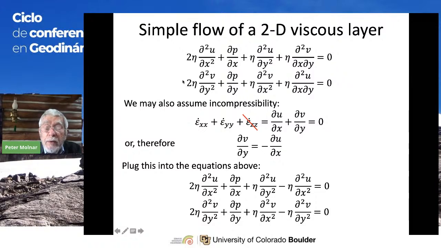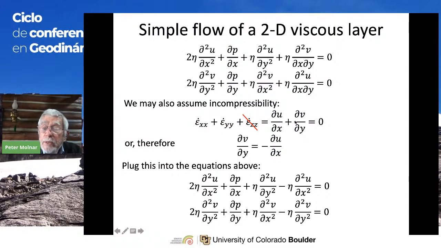Now, a second thing we can assume is incompressibility. Incompressibility means that the 3 components of compressive strain rate, the x component, the y component, and the z component, sum to 0. But in fact, the z component we've already assumed is 0. And the xx strain rate is simply the partial of u with respect to x.